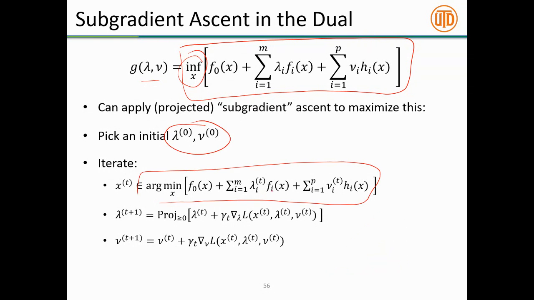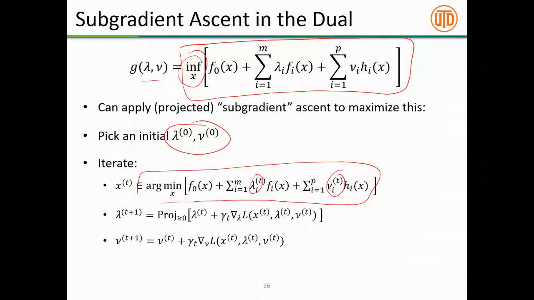Given some fixed value, let's say at iteration t we've got lambda t and nu t, we solve that optimization problem. We minimize the Lagrangian over all x for a fixed lambda and nu. Again, the assumption here is that there is a finite x that achieves this, so I can write arg min instead of inf. So you find some x that minimizes that.